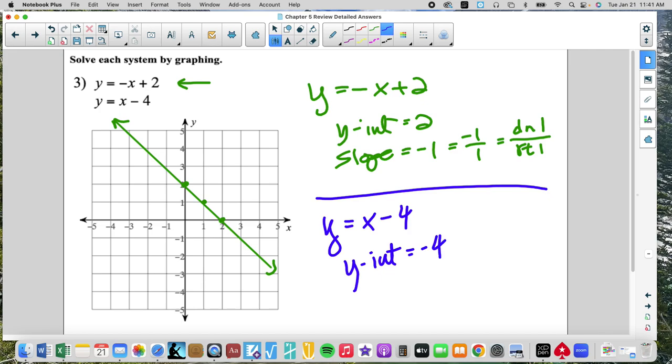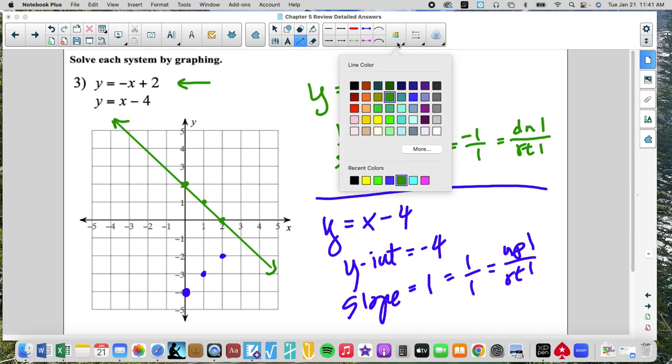The y-intercept is going to be the constant, -4. The slope is going to be the coefficient of x, which is 1. 1 as a fraction is 1/1. Rise, meaning up and down: we go up 1, and run, right or left, you're going to go right 1. Y-intercept first, -4, up 1, right 1, up 1, right 1. Let's graph it.